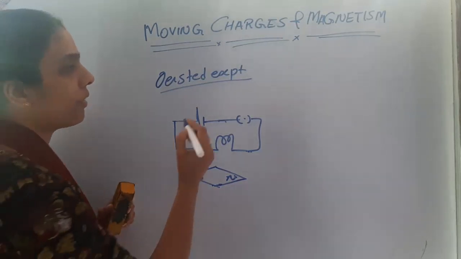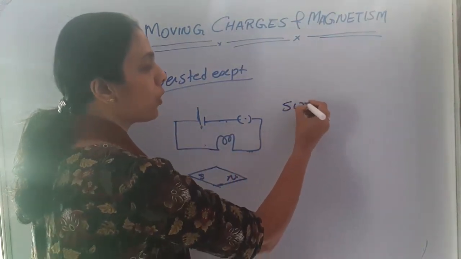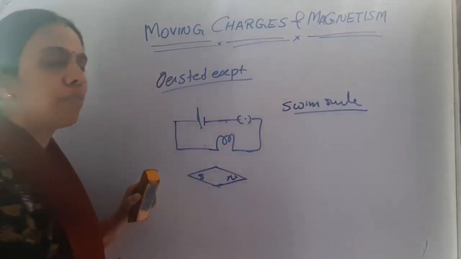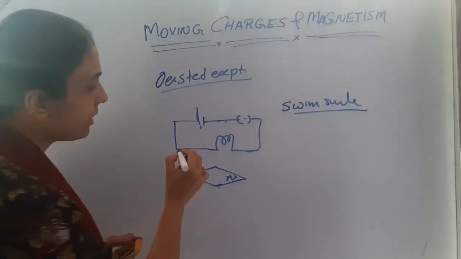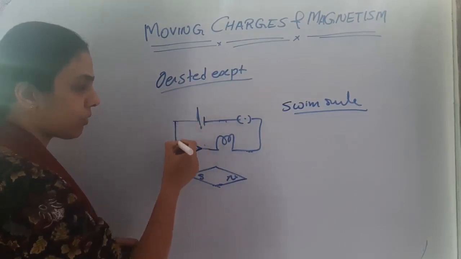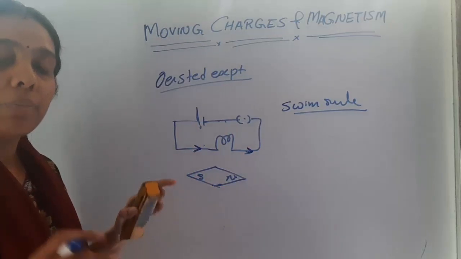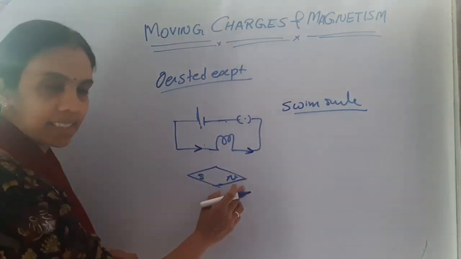Now, in which direction will the deflection happen? We can find that out with the help of Ampere's swimming rule. What is Ampere's swimming rule? Suppose a person is swimming and looking in the direction of current flow. The current moves from positive to negative. While swimming, he will be looking at the magnetic needle.